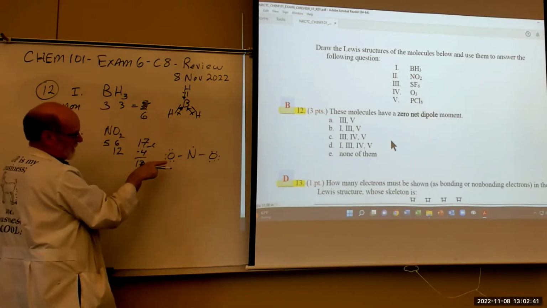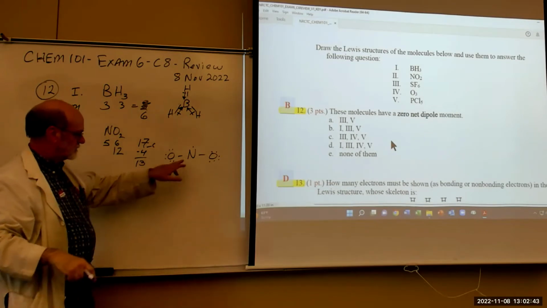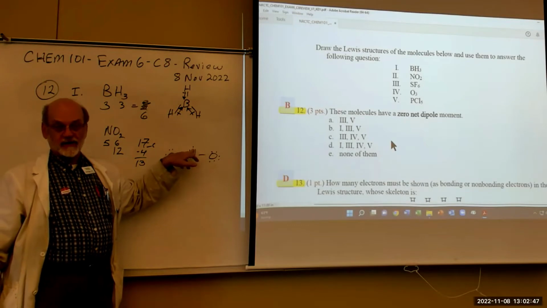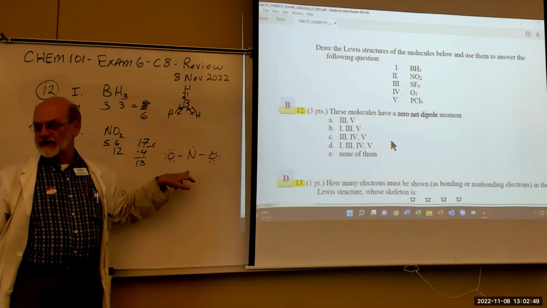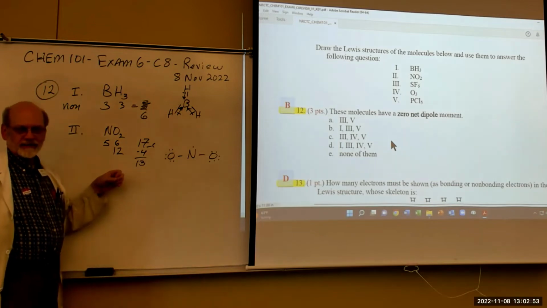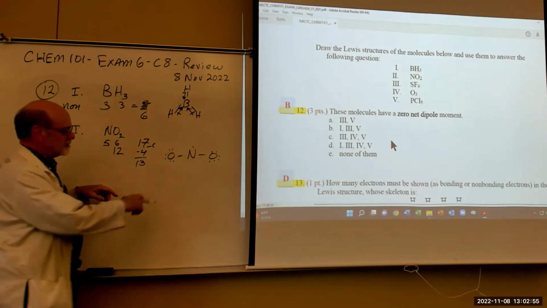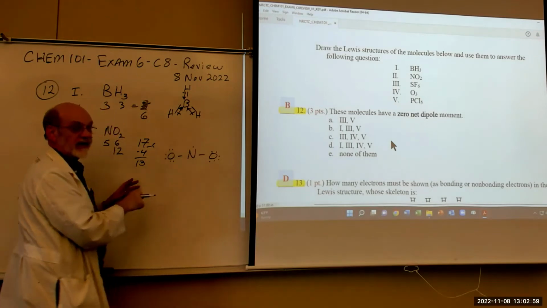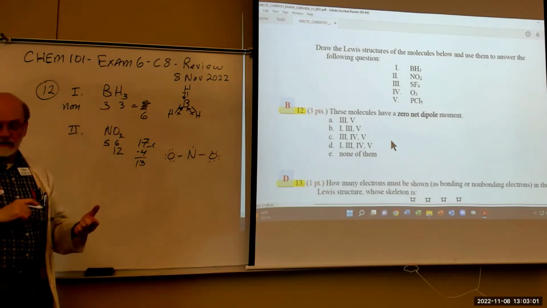Okay. This one's an oddball. An unpaired electron means this is a free radical. And it's very reactive. But that doesn't have a bearing on answering the question. We have 3 groups, which means trigonal planar electronic structure.